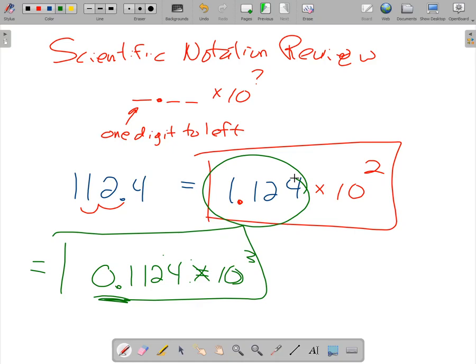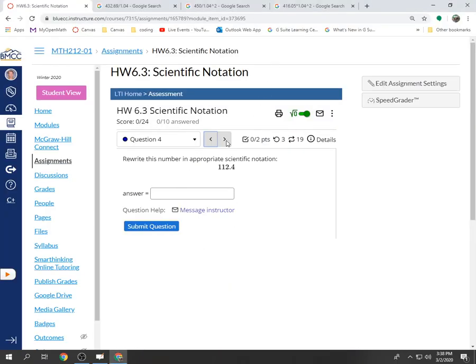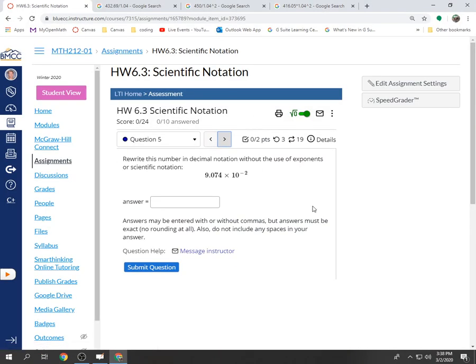All right, let's try another one. Converting out of scientific notation is pretty much typing it into the calculator if you want, or you can do it without. So if we take a look at the next problem here, it gives us a number in scientific notation. We just have to figure out what to do with it. So 9.074 times 10 to the negative 2.